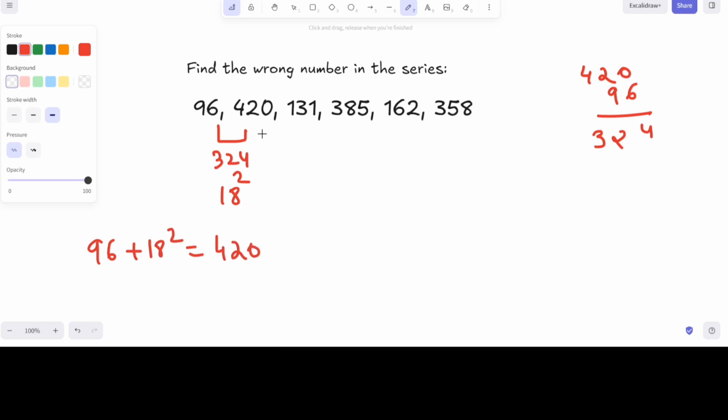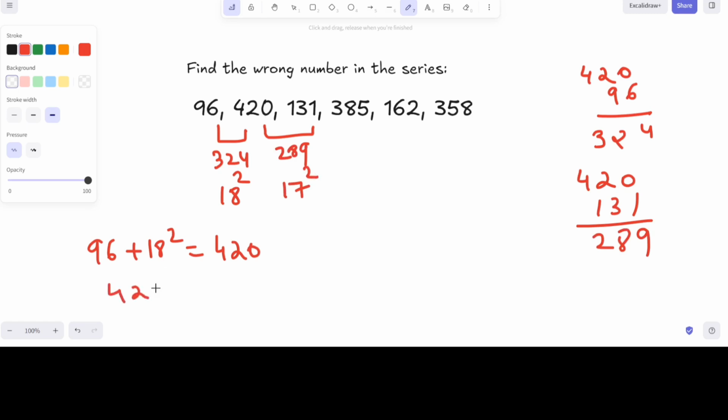Now we are taking this difference. 420 minus 131. This is 289. So what is this? This is 17 square. That is 420 minus 17 square equal to 131.